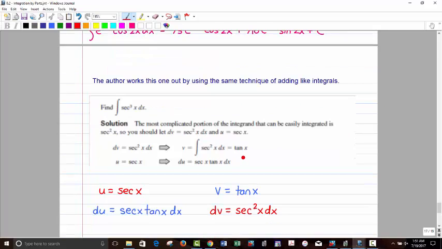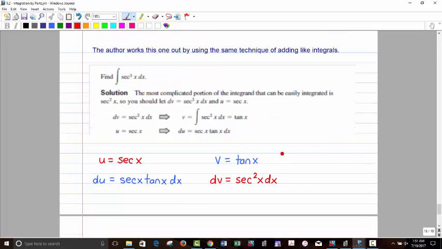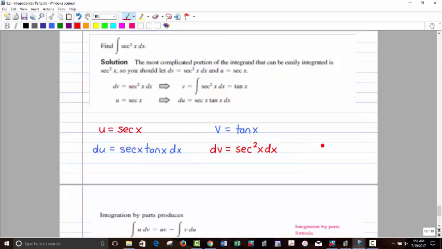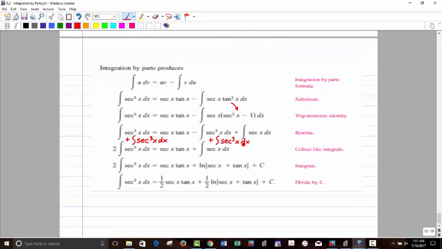This one I copied out of the book. I don't put this on a test either, but it's secant cubed, and it shows you what to choose for the u and the dv. But this is the same kind of idea, and I just kind of wrote this idea. In other words, to solve this, you have to realize that you have to add a secant cubed integral to both sides to be able to get it. So it's similar to that last one in that aspect. It's adding integrals as like terms.